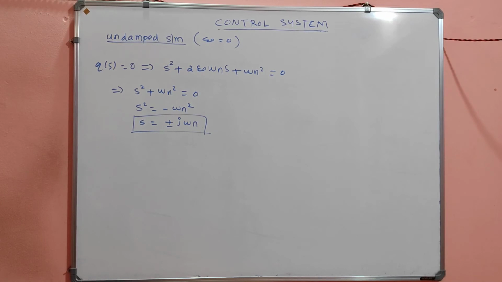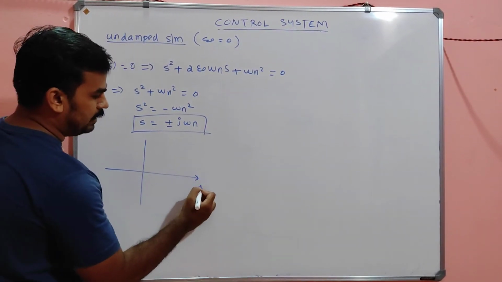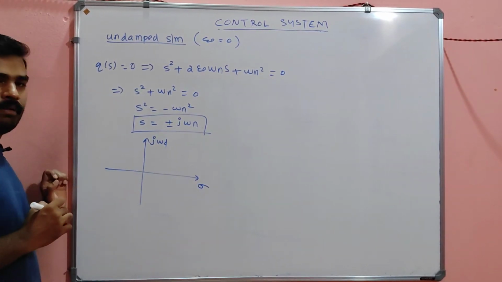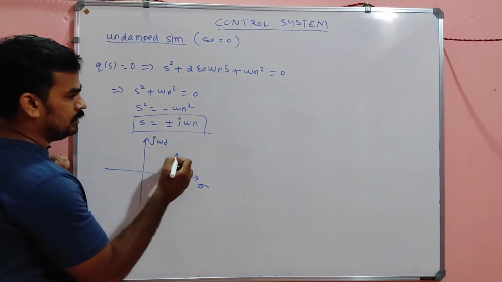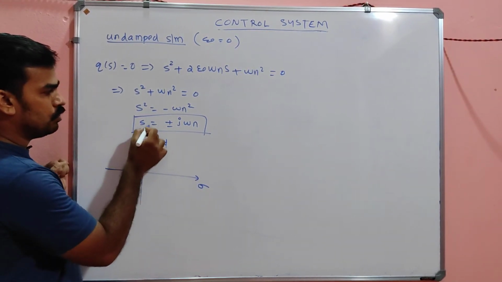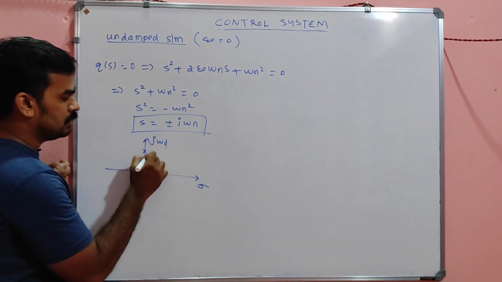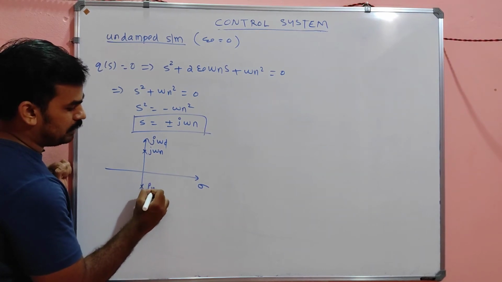If you draw it on the S plane, the sigma plus j omega plane, there is no real term, 0 plus or minus j omega n, so there will be a j omega n here and a minus j omega n here.